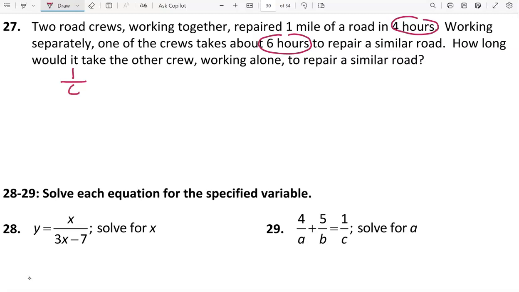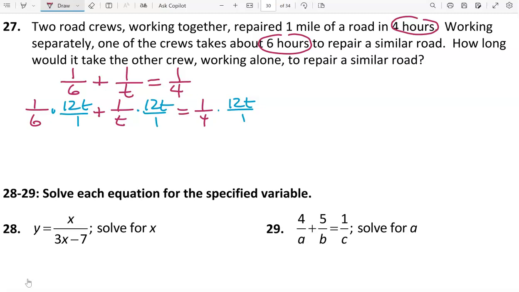So 1 over the time alone for one crew plus 1 over the time alone for another crew equals 1 over the time together. And we can multiply each term by the least common denominator, which is 12t. Once we've done that, we can simplify each of the multiplications. 1/6 times 12t is 2t, and 1 over t times 12t is 12, and 1/4 times 12t is 3t.